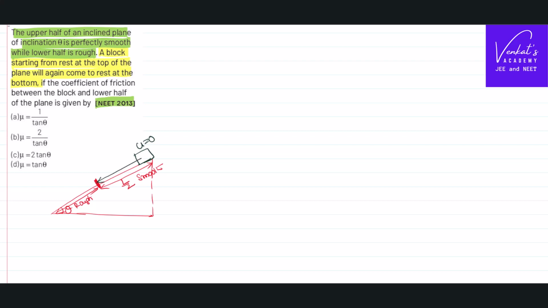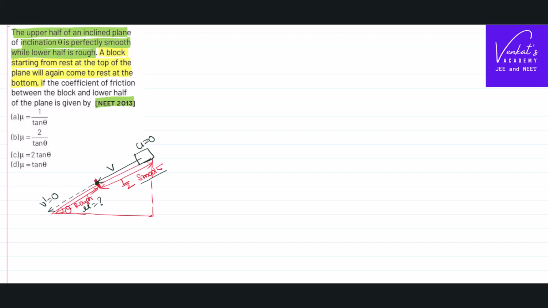By the time it comes here, it acquires a velocity v. It is smooth, so there is no friction involved here. But after coming here, frictional force starts opposing it, and this velocity will be reduced, and finally it comes to a state of rest. That's what he is saying. The coefficient of friction between the block and the lower half, mu, is what he is asking for.